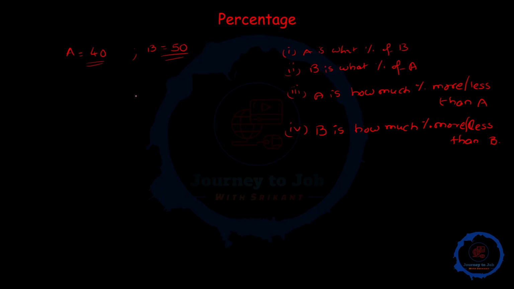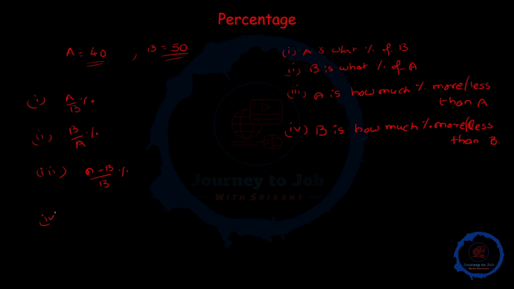Let us solve. So first question, A is what percent of B, means A by B percentage. Second, B is what percent of A, means B by A percentage. Next, A is how much percent more or less than B, means A minus B by B percentage.